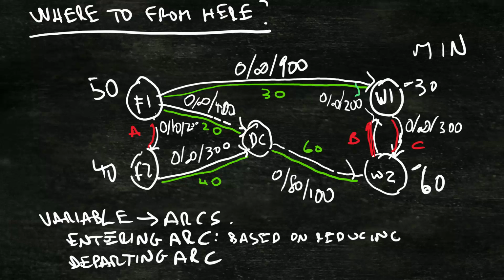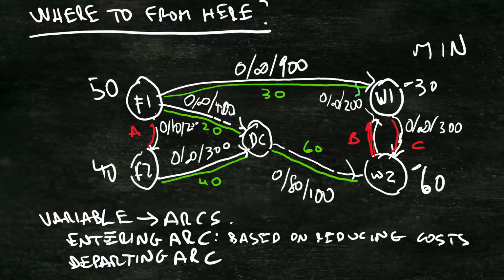So right now we have 30 units in this arc between F1 and W1 at the top, flowing at $900 per unit. That seems like a lot. Is there some way that we can reduce that? Which one of A, B, and C should be entering? So based on reducing costs.